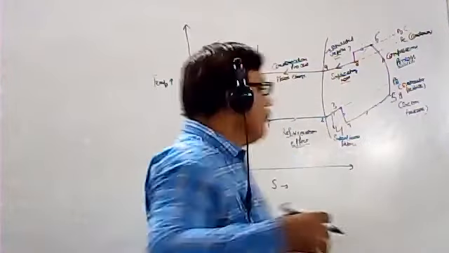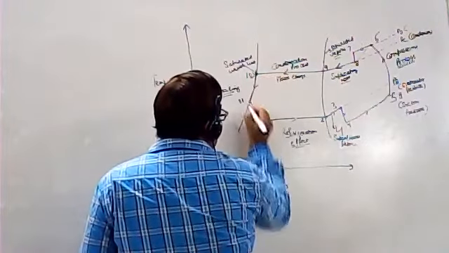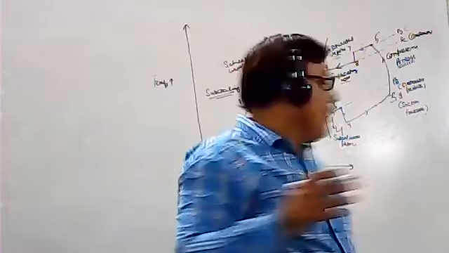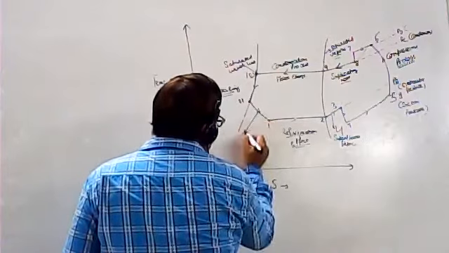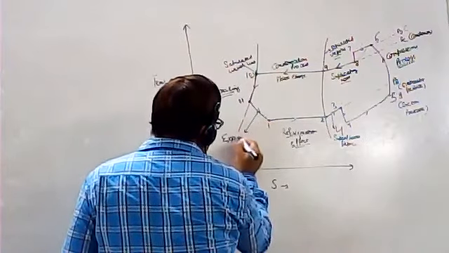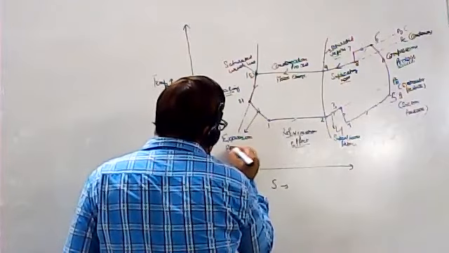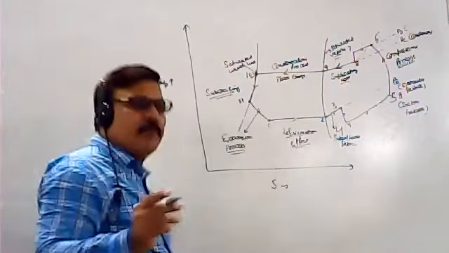Then this subcooled refrigerant passes through the expansion valve. This is the expansion process from 11 to 1.